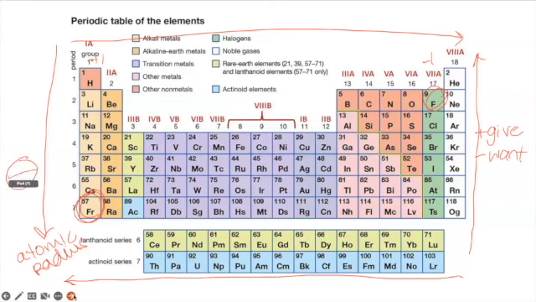So fluorine up here has a really small atomic radius, and Fr, which I don't know the full name of, has a very large atomic radius. And if we were to work backwards and try to determine boron, it would be somewhat larger than fluorine, but smaller than, say, magnesium, because magnesium is closer over here. Okay.